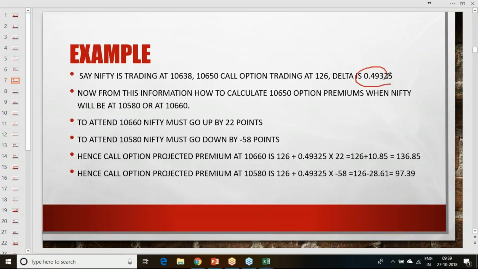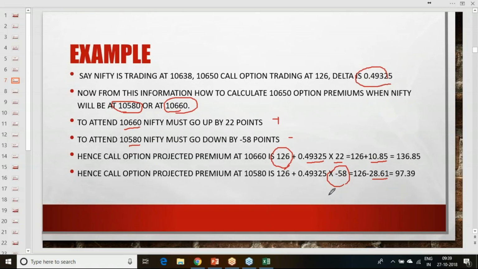Assuming Nifty goes to 10,660, that is 22 points plus, or falls to 10,580, that is 58 points minus. The call option premium will be 126 plus 0.49 into 22, so about 10 rupees increase. In the same way, if it falls by 58 points, it will reduce by 28.61.